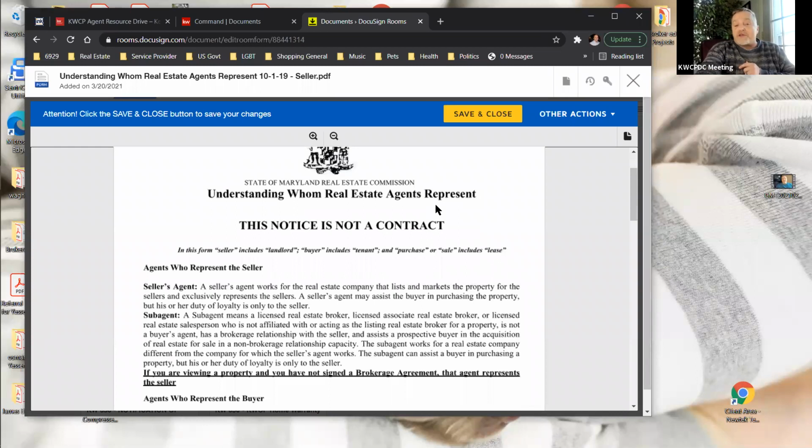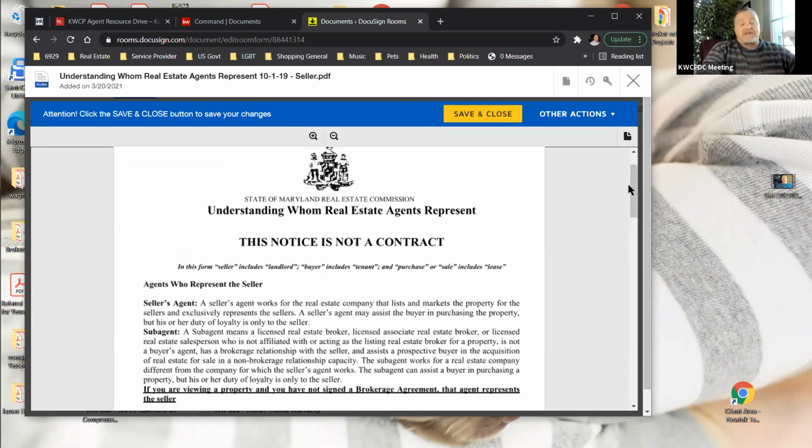You have to have one or the other. So if you're the listing agent and you're showing your listing to somebody who comes in, obviously you wouldn't have had a buyer agency agreement with them because they are not going to be your client, but in Maryland you could have this form signed.